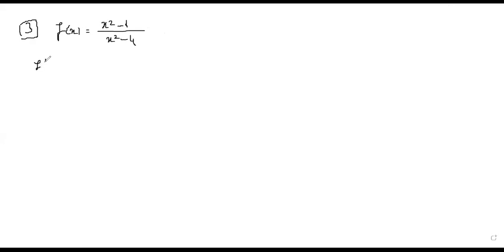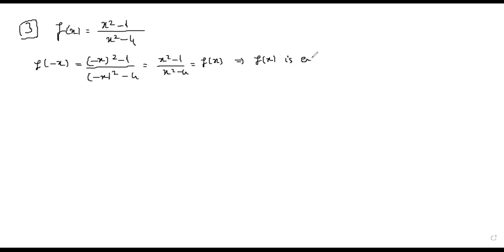Now observe that f of minus x is equal to minus x squared minus 1 over minus x squared minus 4, which gives x squared minus 1 over x squared minus 4, which is f of x already. So this says f of x is even, and so its graph is symmetric with respect to the y-axis.